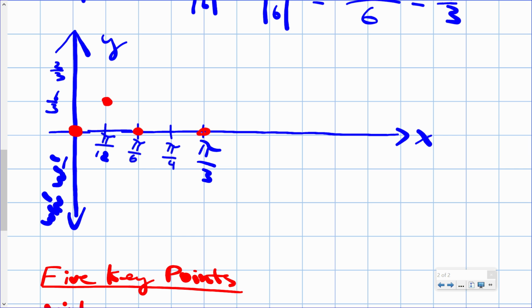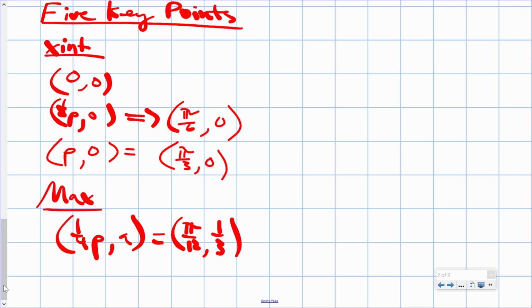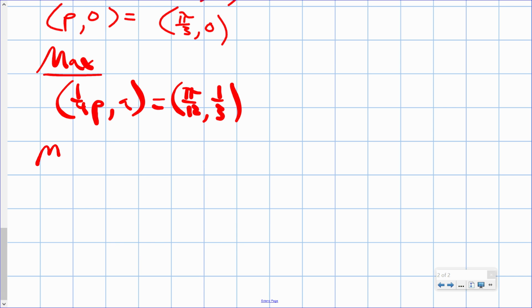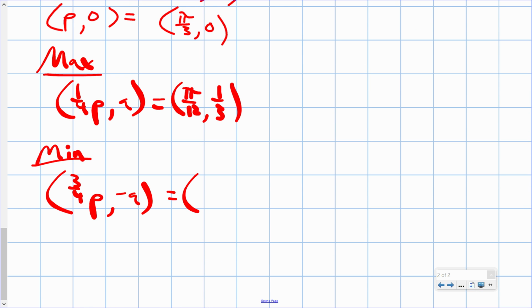Small wave height and small wavelength. We're condensing stuff. And then the minimum. What's the minimum? 3/4 period, negative amplitude. So 3/4 the period was pi over 4. And negative 1/3.